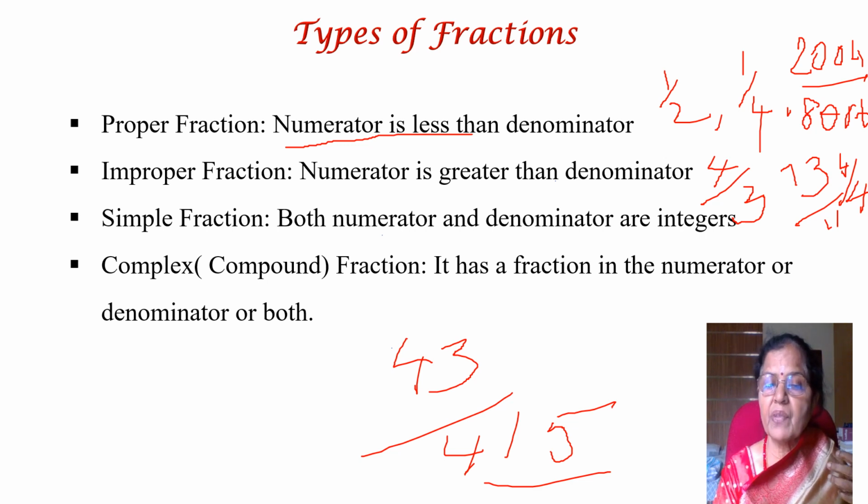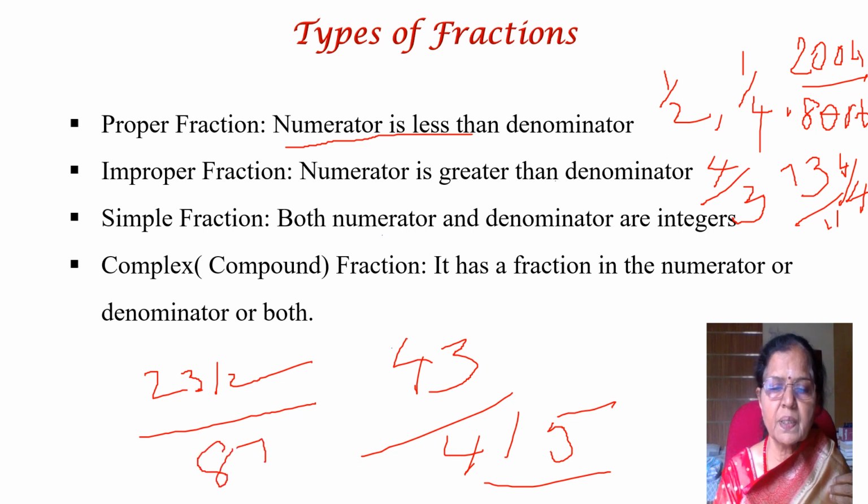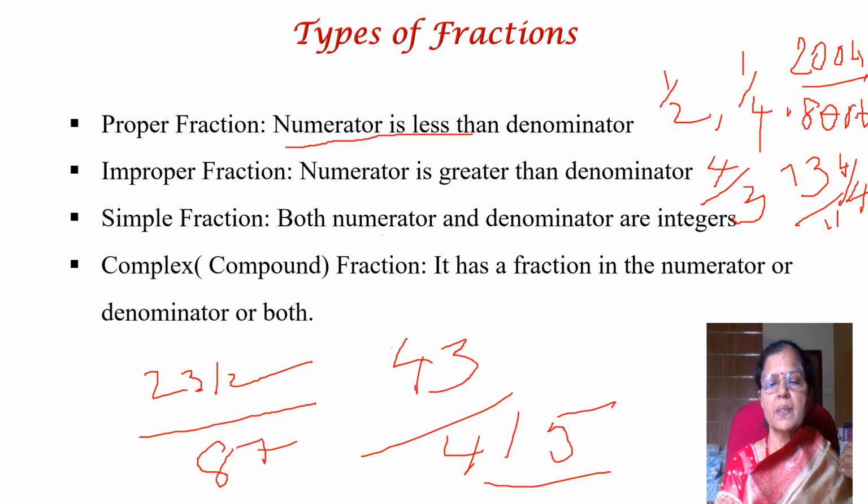So 4 by 5 is there in the denominator. So this is a compound or complex fraction. And one more example where the numerator has a fraction, 2/3 by 87. Here there is a fraction in the numerator and an integer in the denominator. And let us see an example where both the numerator and the denominator have fractions.